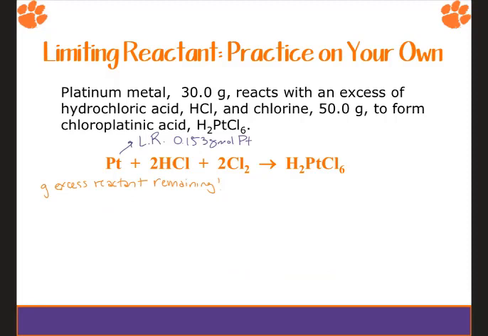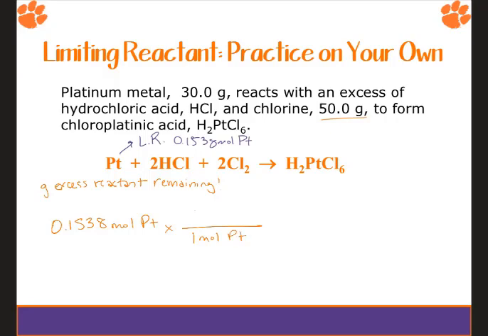All right, next up we want to know how many grams of excess reactant we have remaining. In this case, we're only going to worry about the chlorine because it gives us the actual chlorine amount. They don't tell us anything about HCl. So we're going to start with the number of moles of platinum. And then I'm going to go from moles of platinum into moles of chlorine, again using my coefficients.